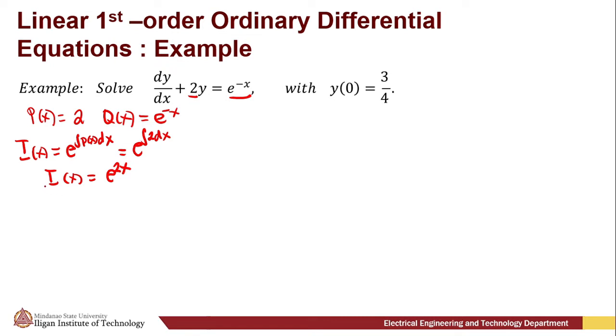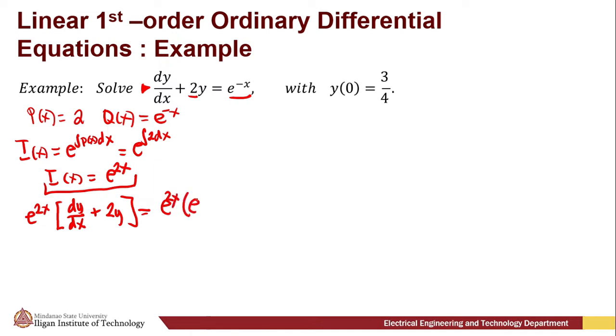After getting the integrating factor, we multiply it back to our differential equation: e raised to 2x times dy over dx plus 2y equals e raised to 2x times e raised to negative x.